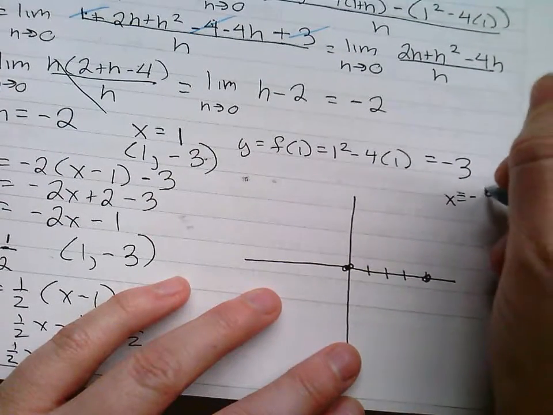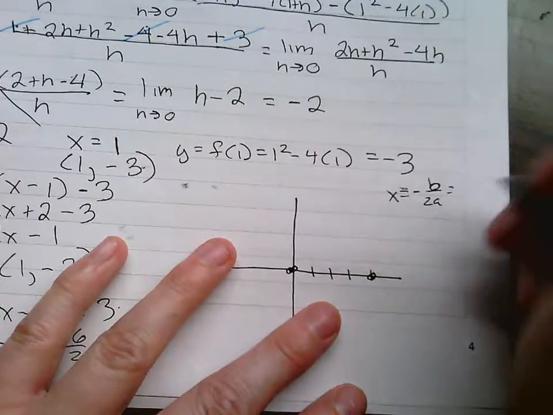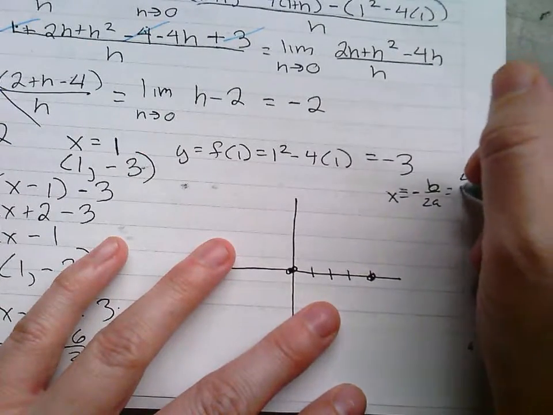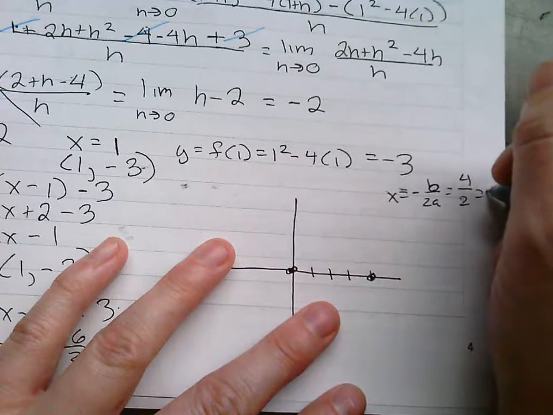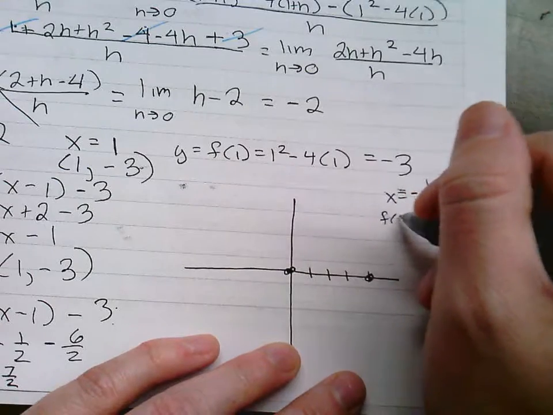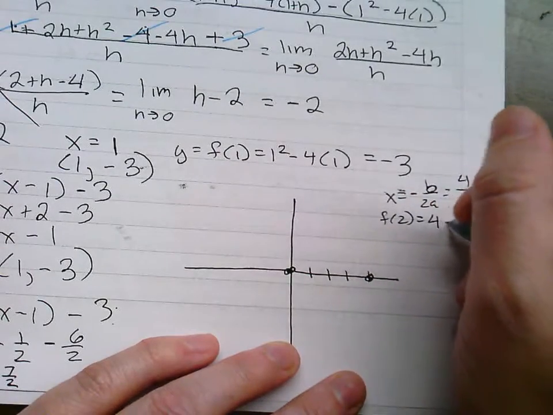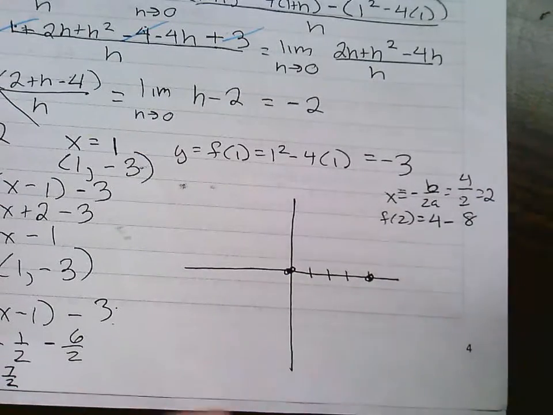You could also do this by completing the square. So that's going to be 4 over 2, which is 2. And the y value at 2 is going to be 4 minus 4 times 2, which is 8, negative 4. So 2, negative 4.